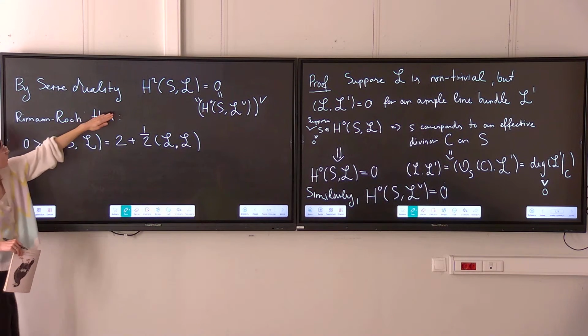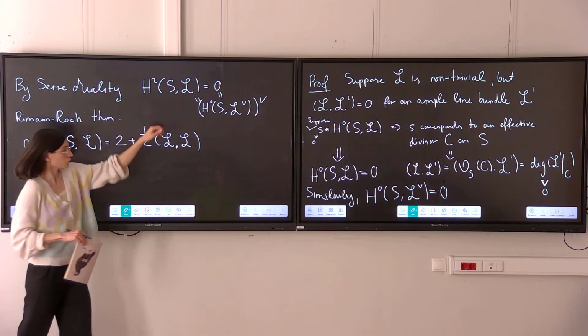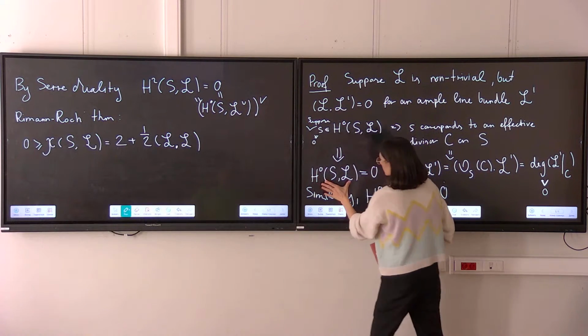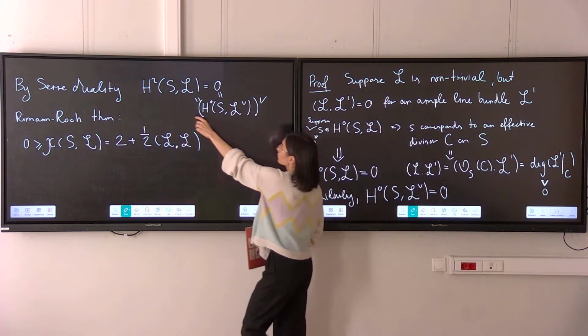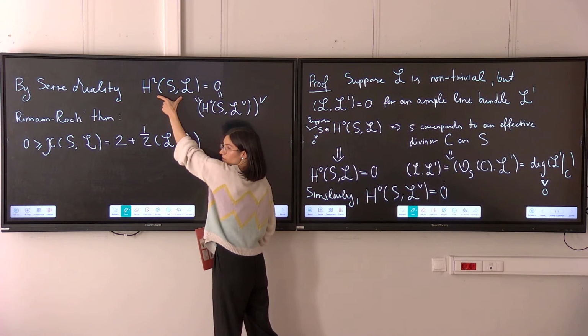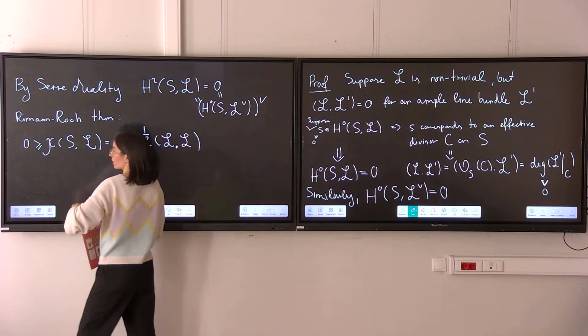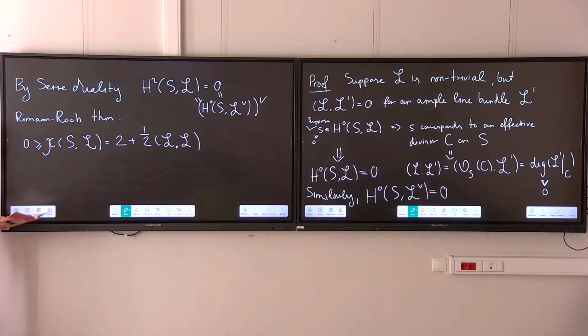Yes, because by Serre duality, look, here we proved that this is 0, here we proved that this is 0, and from Serre duality we obtain that H² is also 0. You said that H¹ is 0? It may be nonzero, we don't know yet. But what we need is just that it's less than or equal to 0.